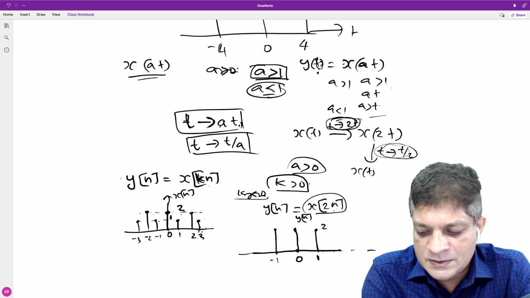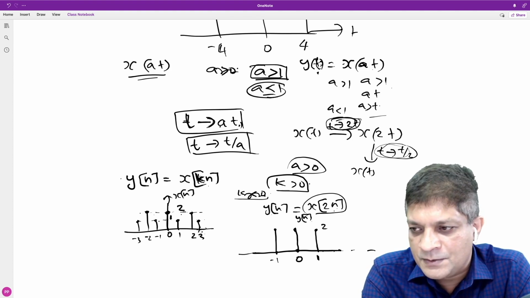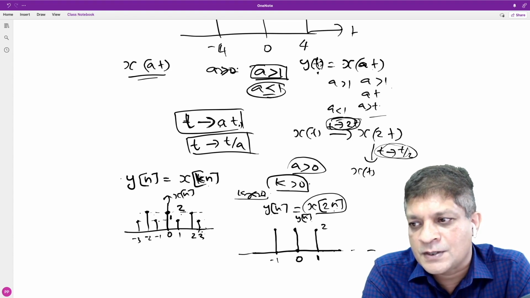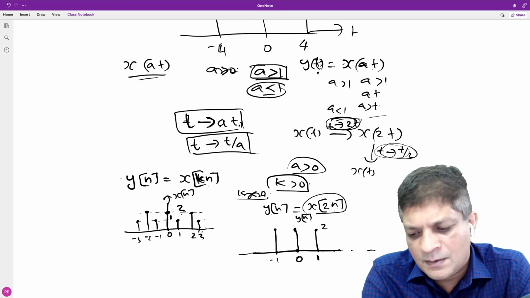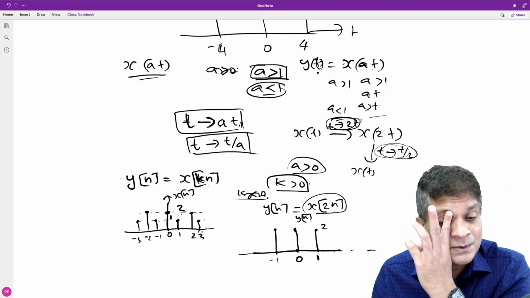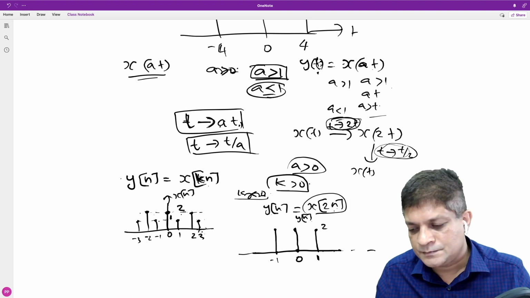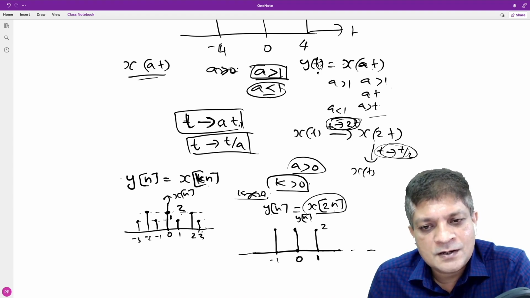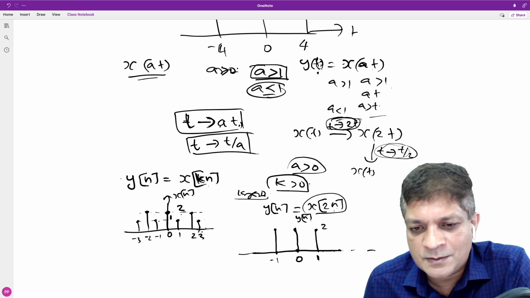Or we can say that the shape of the signal is not preserved here. For a discrete time signal, the time scaling operation will not preserve the shape of the signal. Can you tell me the reason for that? Why is the shape not preserved? Are we losing some information here?